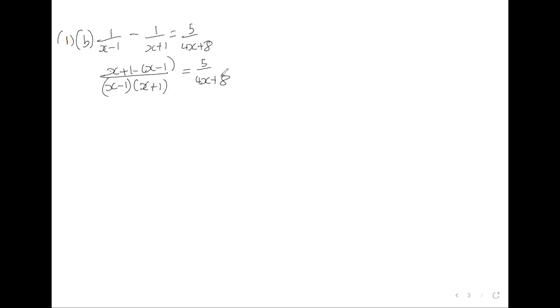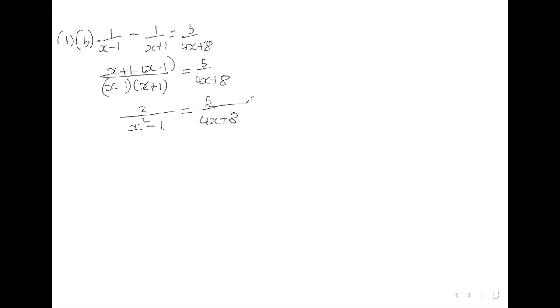So simplifying the numerator here, and expanding the denominator as well, you get 2 over x squared minus 1 equals 5 over 4x plus 8.